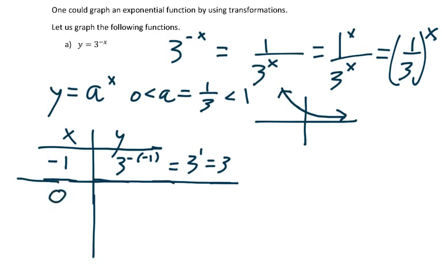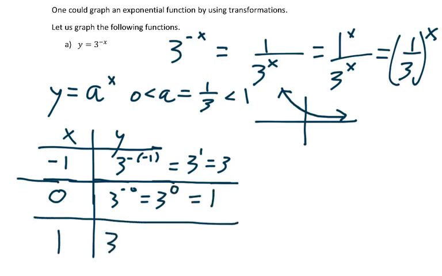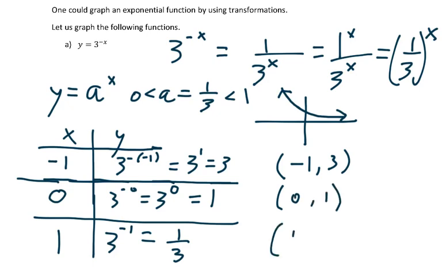When x is 0, 3 to the negative 0 is 3 to the 0, which of course is just 1. And at 1, we have 3 to the negative 1, which is 1 over 3. So we have our points: negative 1, 3; 0, 1; and 1, 1 over 3.